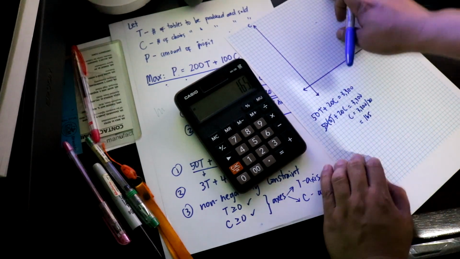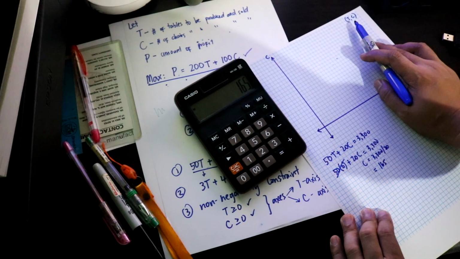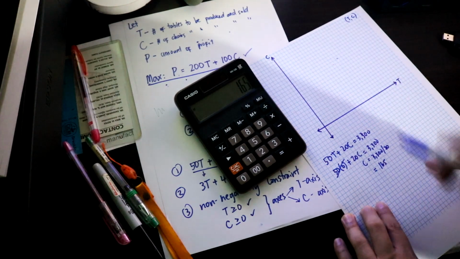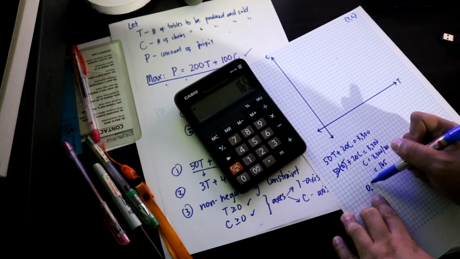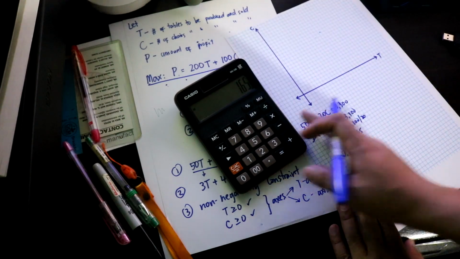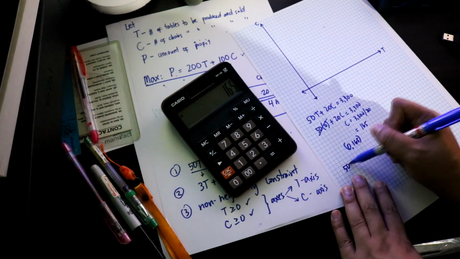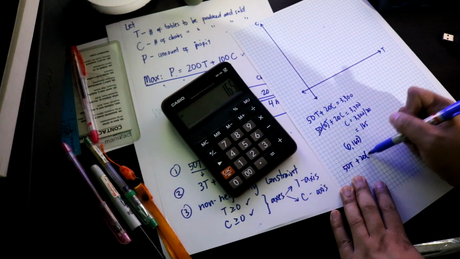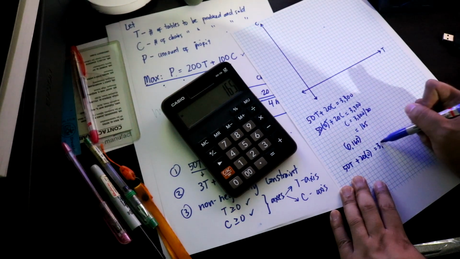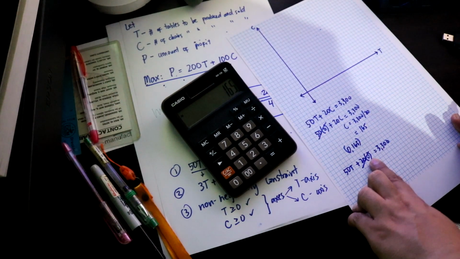Following this format, t is 0 and c is 165, and therefore we have the point (0, 165). What if c is 0? Then that would be 50t plus 20 times 0 is equal to 3,300. This is cancelled because it is now equal to 0.